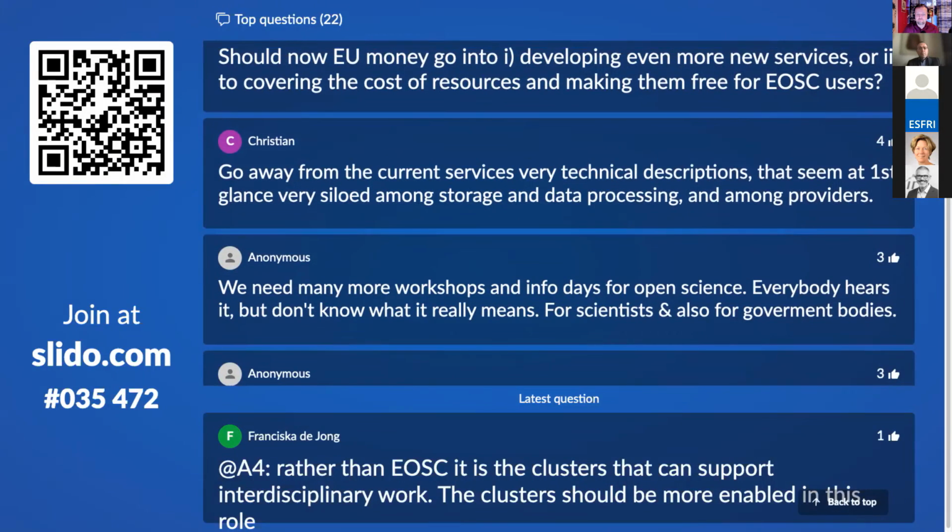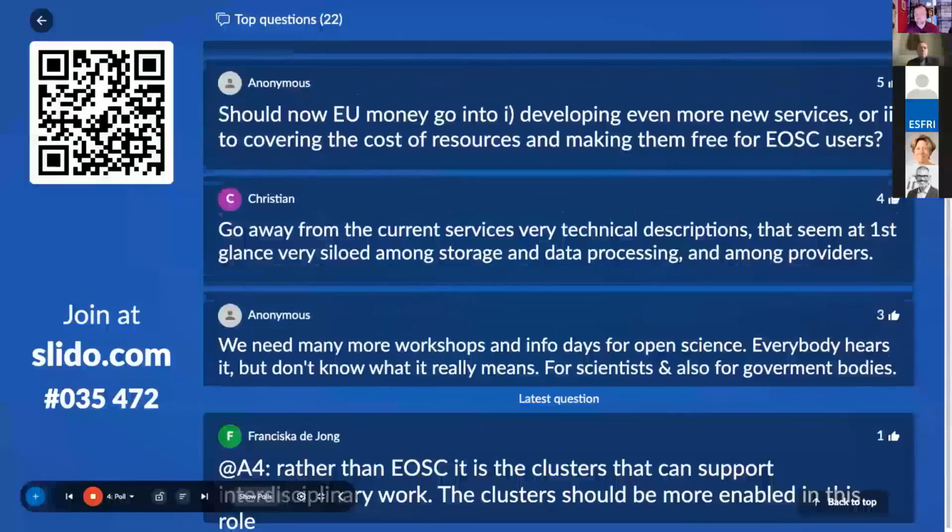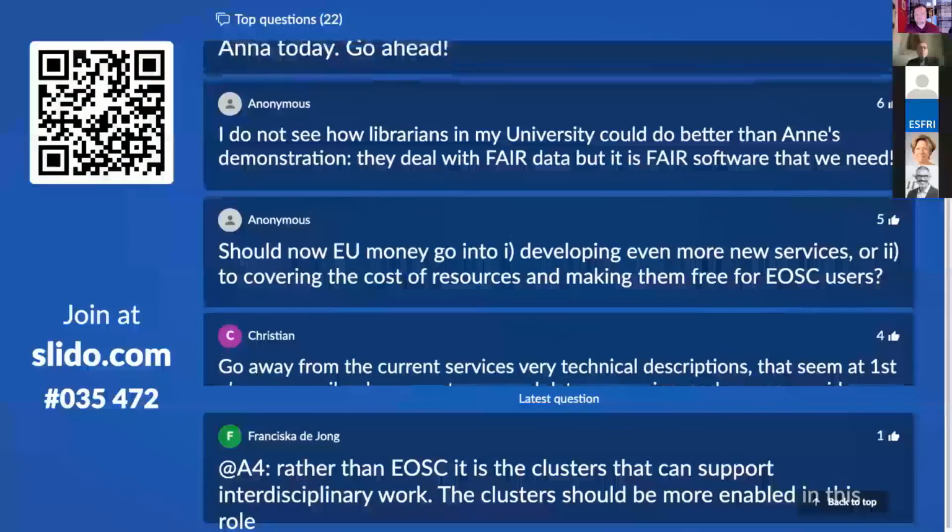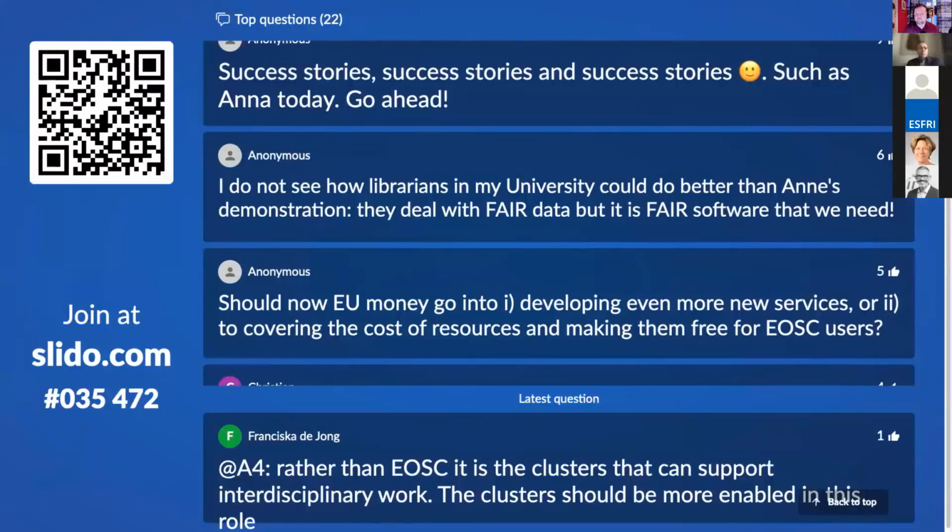Okay, does anyone want to comment on these first three, actually two comments and one question? So, more services, or cover the cost of resources and make them free, the ones that we're already developing or have developed? Yeah, if I may, Kostas.